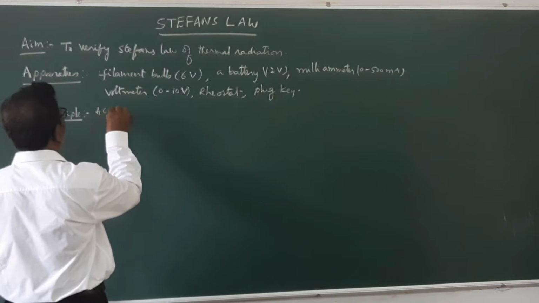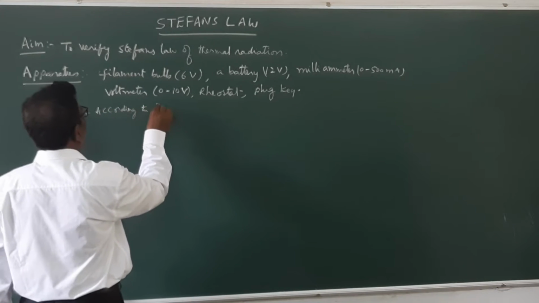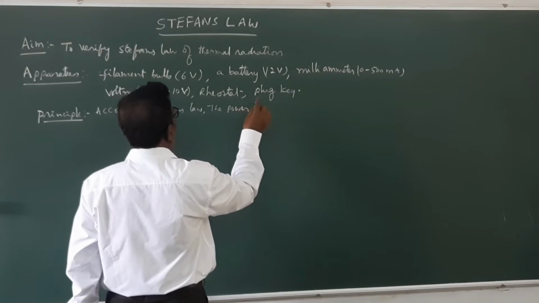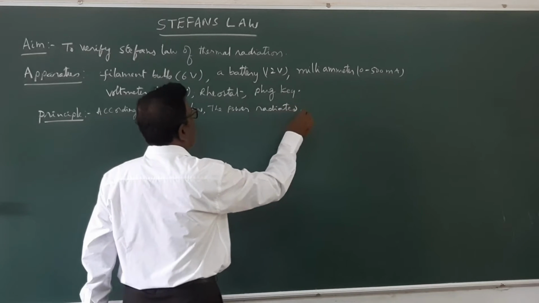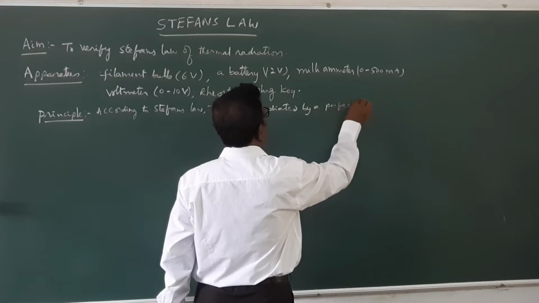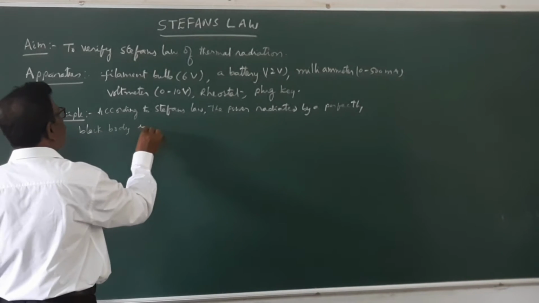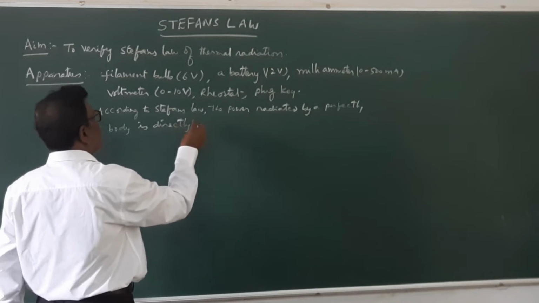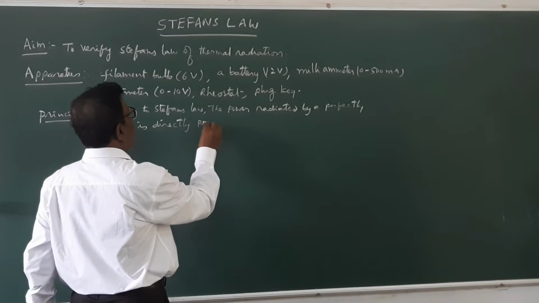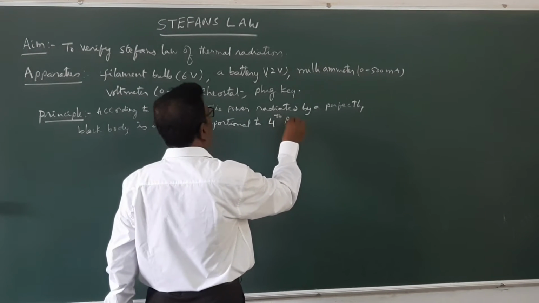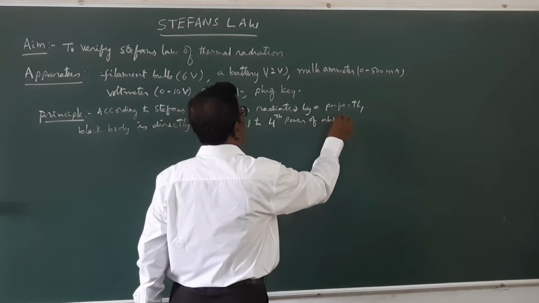Now, what is Stefan's law? According to Stefan's law, the power radiated by a perfectly black body is directly proportional to the fourth power of absolute temperature.